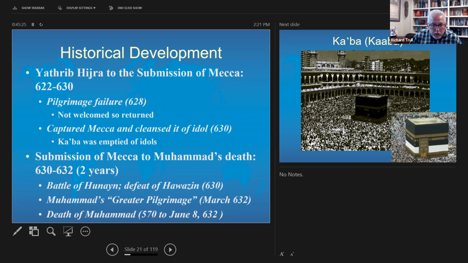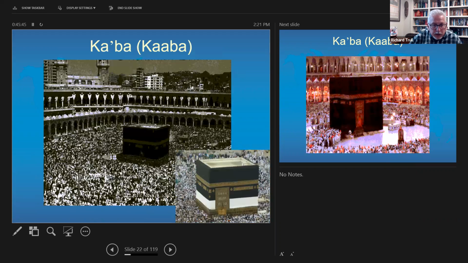He dies on June 8, 632, so a few months later, Muhammad dies. And that's the beginning of Islam. The Kaaba remains the center, but now it's cleansed of all the polytheistic aspects. It's devoted to the worship of the one God, Allah.